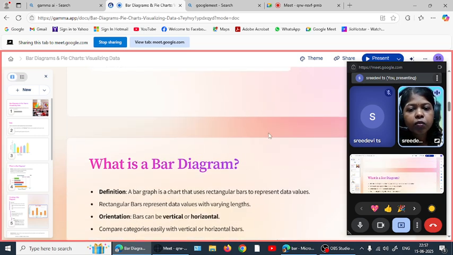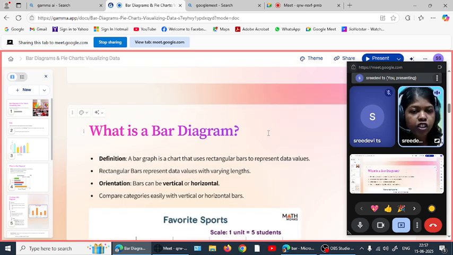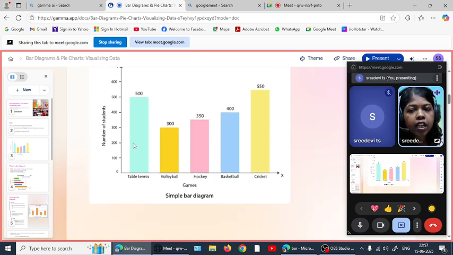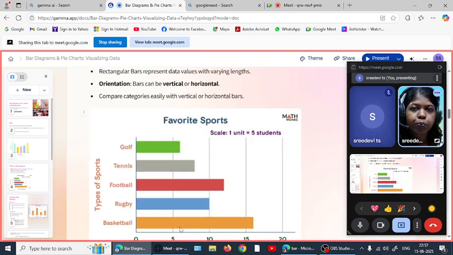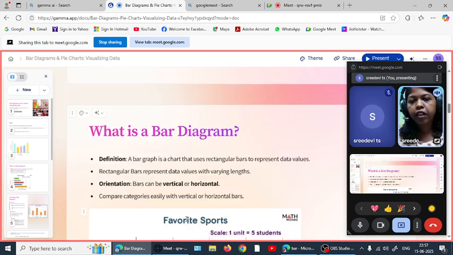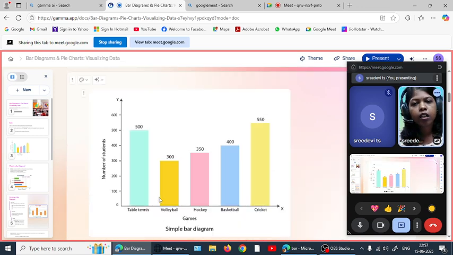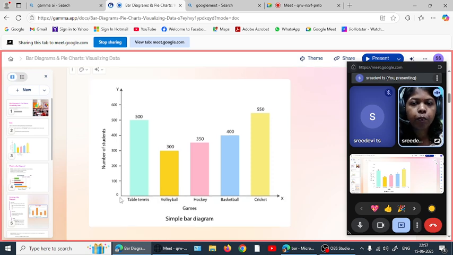Next I want to tell you about orientation. Orientation means the position. In this picture, you can see vertical bars. But in this picture, you can see horizontal bars. So what happened actually? Can you identify? I will show the picture again. Here, on the x-axis we gave qualitative data, and on the y-axis we gave quantitative data.